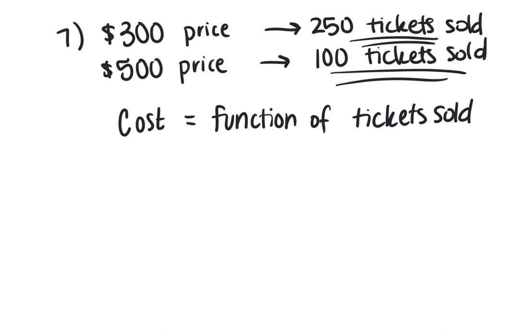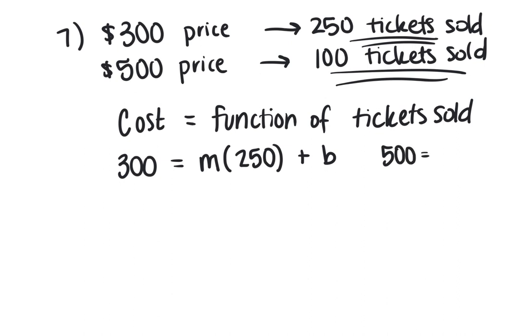We know that when the cost is 300, we end up with some function that has x. So we'll have some slope m with our x of 250 plus some b, some unknown. So you have that multiplying term and then that adding term. All we know is what the x is. And we know that when the price is 500, we have that same m. We sell 100 tickets plus b.